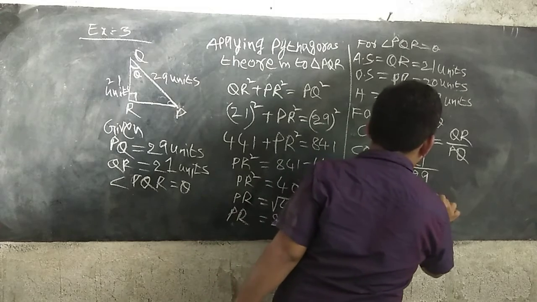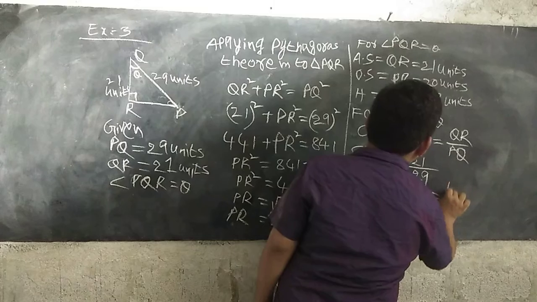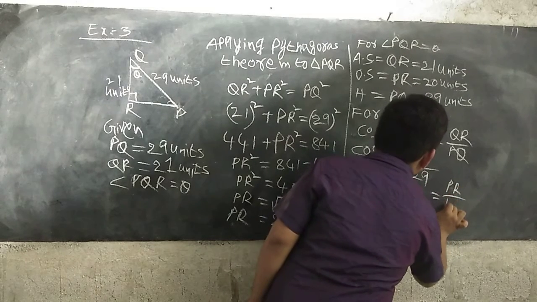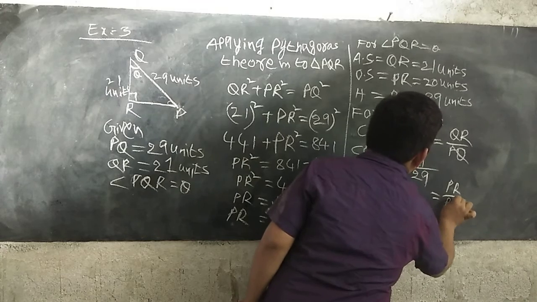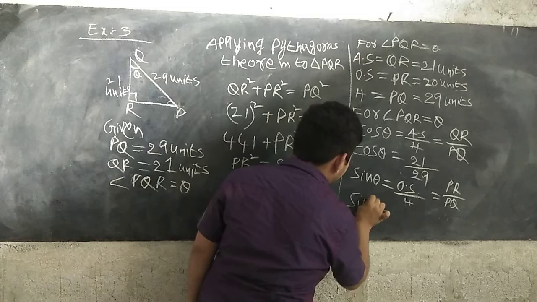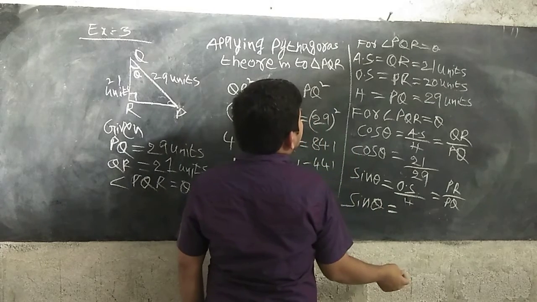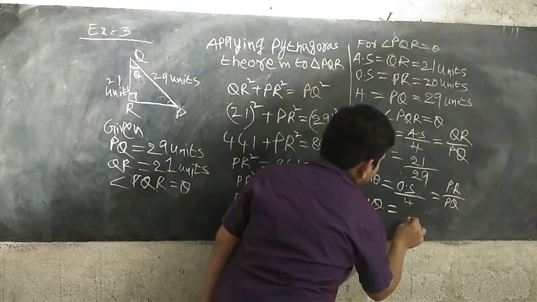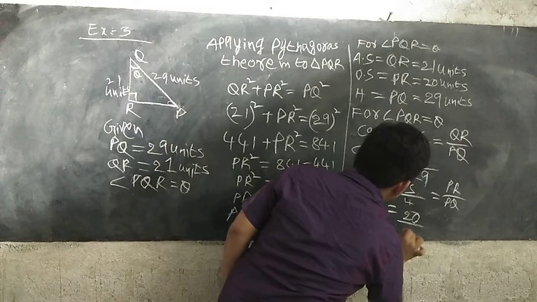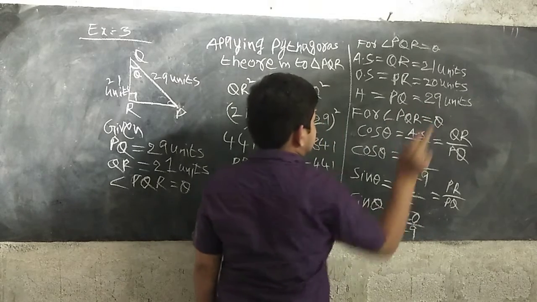The opposite side is PR and the hypotenuse is PQ. So sin theta equal to PR by PQ, that is 20 by 29.